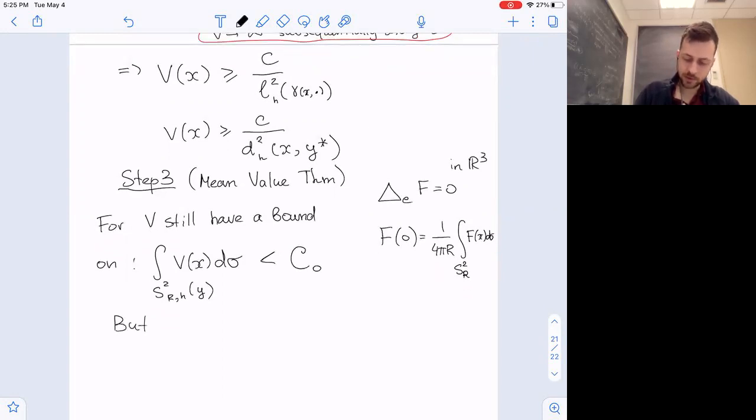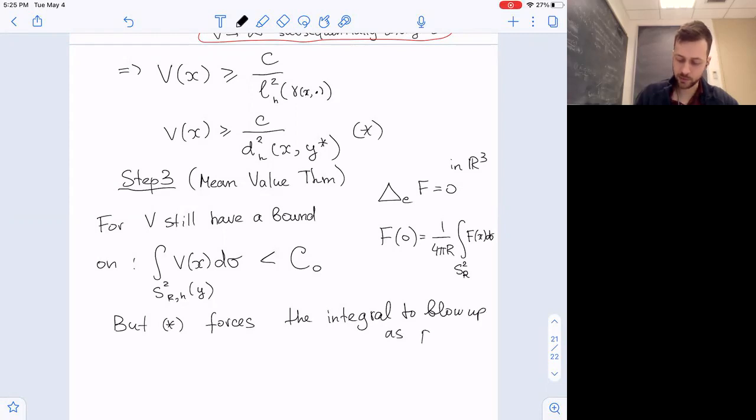But it happens that this lower bound on v forces the integral to blow up as the radius of the spheres, which you consider here, approaches the distance between y and y star with respect to metric h.